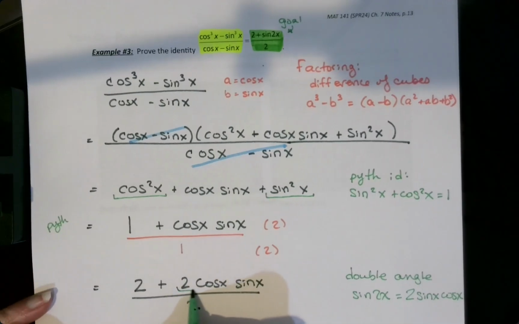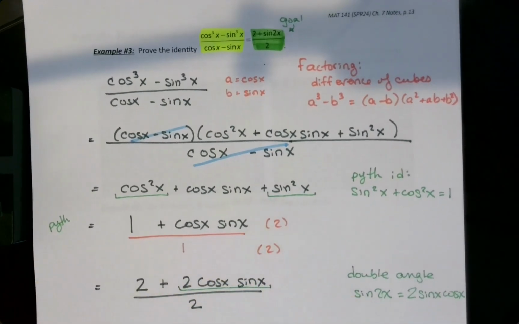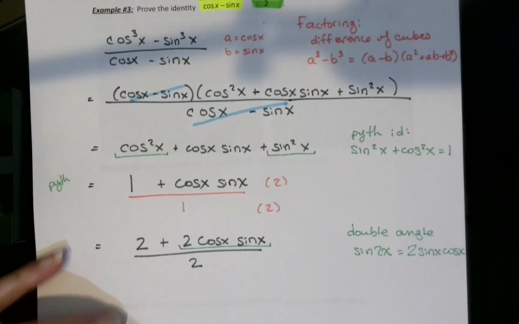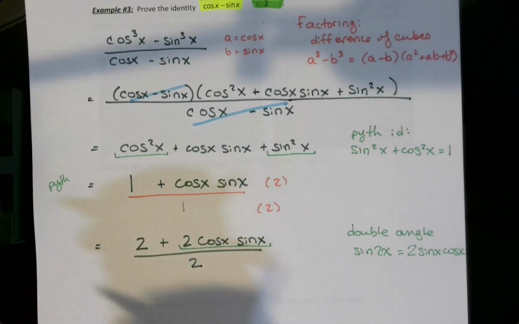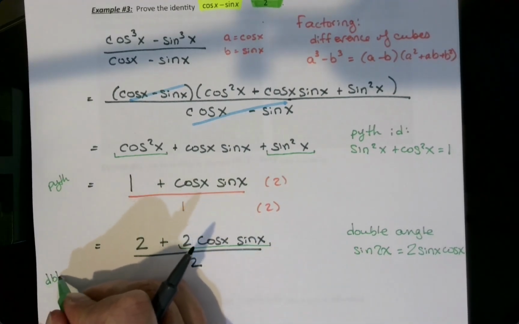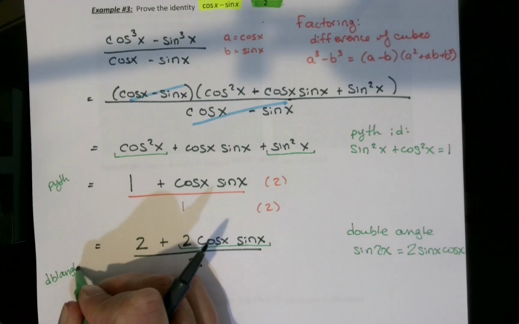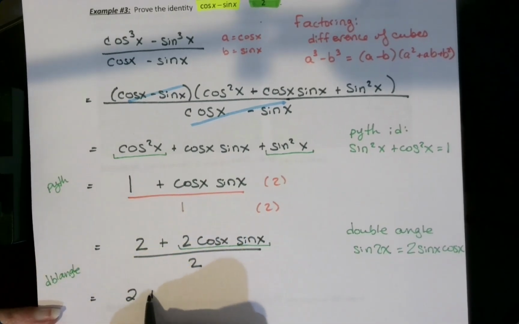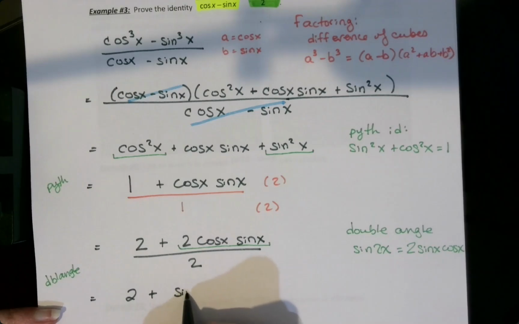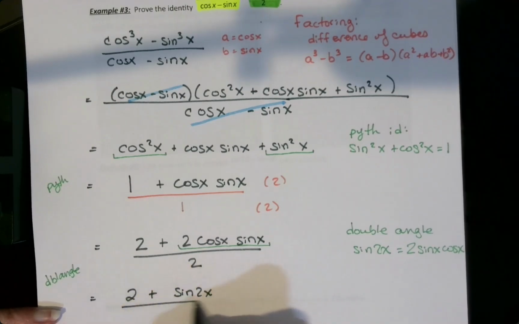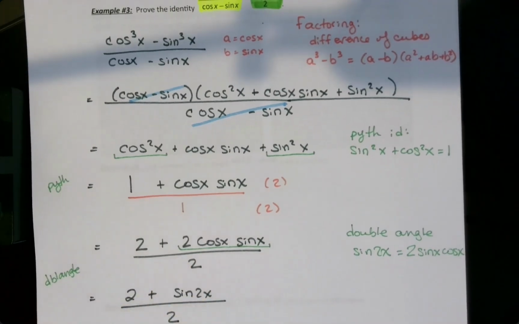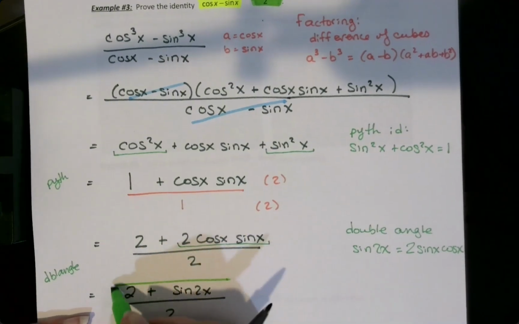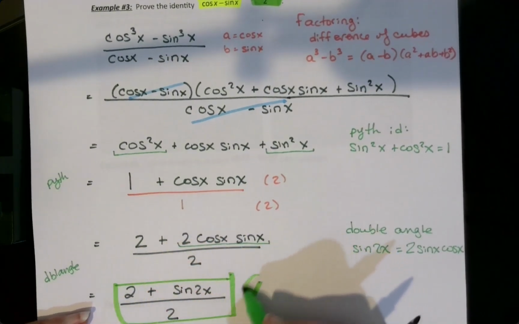And I have 2 times cosine x sine x, that's the same thing here. So I'm going to sub in that double angle identity. So I have 2 plus the sine of 2x over 2. And that's exactly what I was trying to get. So we have achieved the goal here.